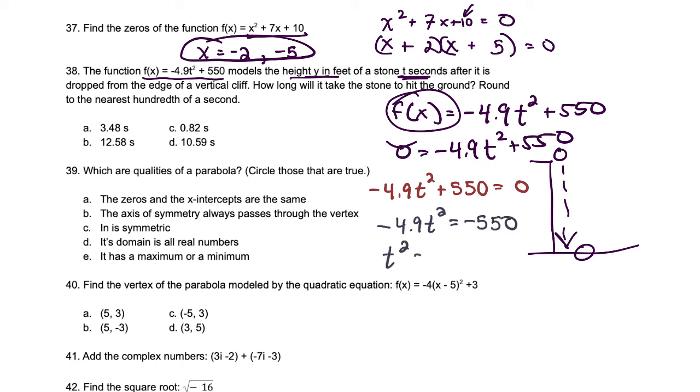T squared equals, now I'm going to get out my calculator and ask the calculator, what is 550 divided by 4.9? It tells me it's 112.24. Then I got to square root that to figure out my time. When I square root it, it tells me about 10.6 seconds.